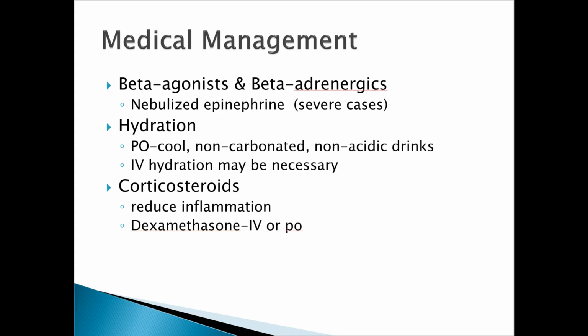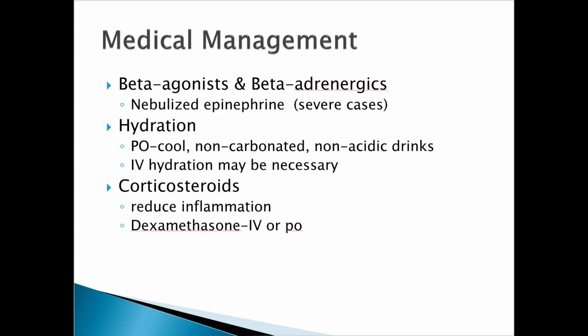You are going to give nebulized epi in severe cases of this. You're going to want to be sure that the child is hydrated with cool, non-carbonated, non-acidic drinks, IV hydration if it's necessary. Your main line of defense with them is typically corticosteroids to reduce that inflammation. You're going to give them dexamethasone, usually IV or by mouth.